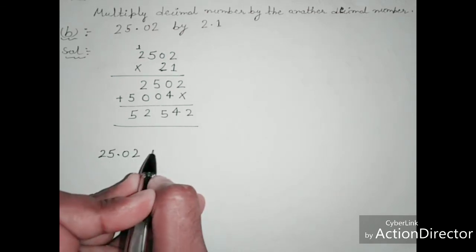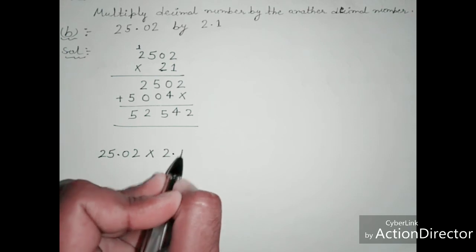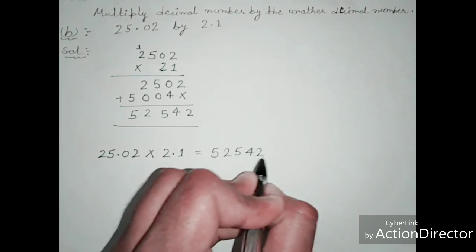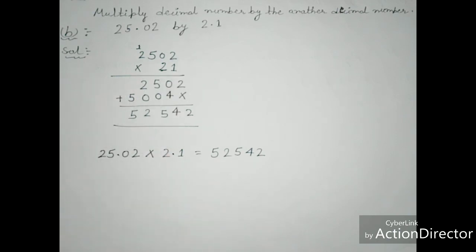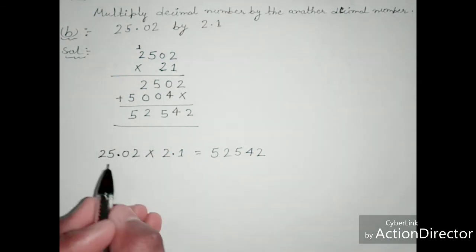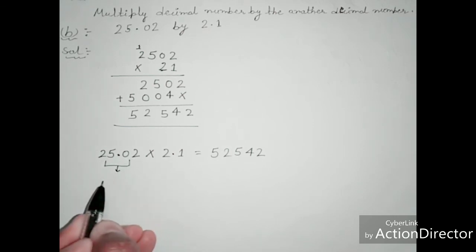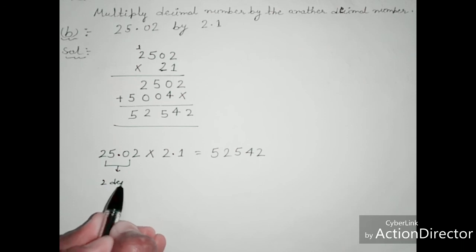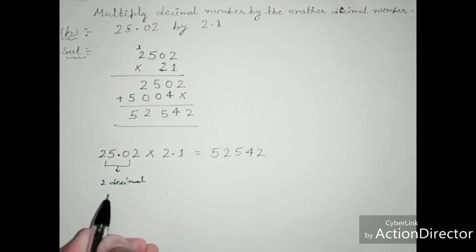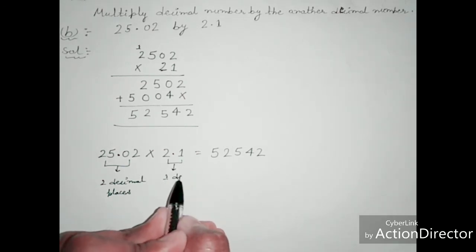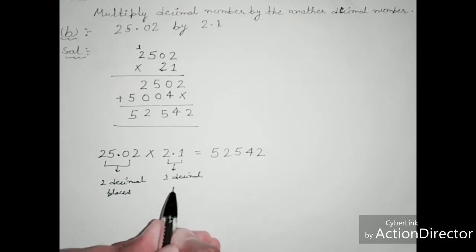25.02 multiplied by 2.1, we get the product 52542, because the product in both cases is the same. So 25.02 has 2 decimal places and 2.1 has 1 decimal place.